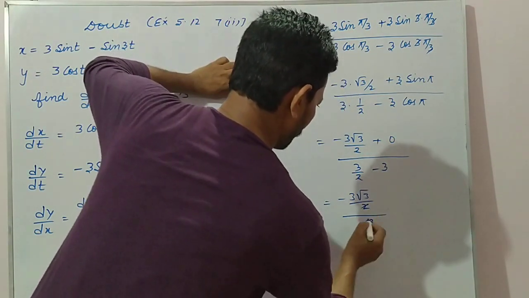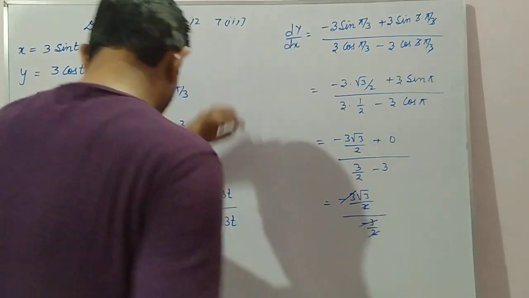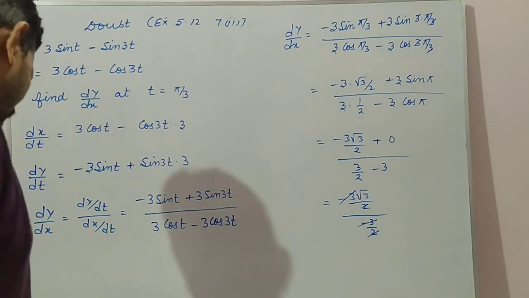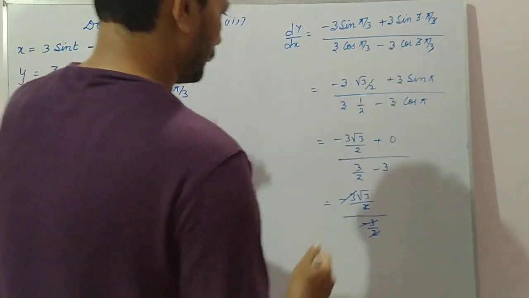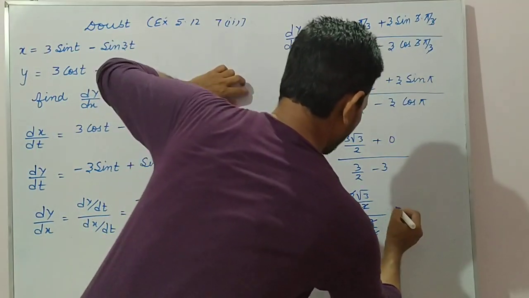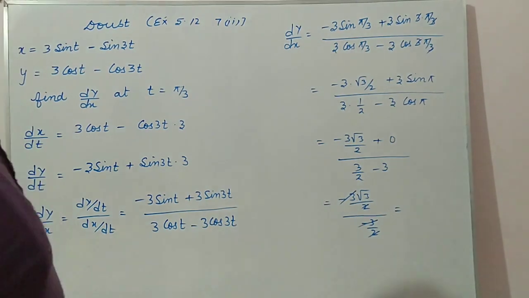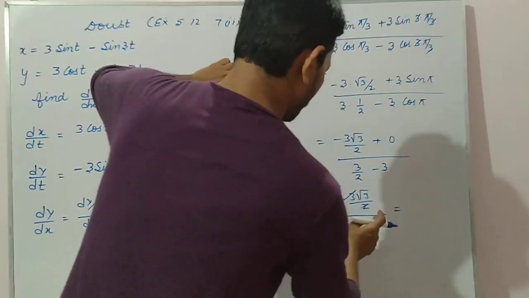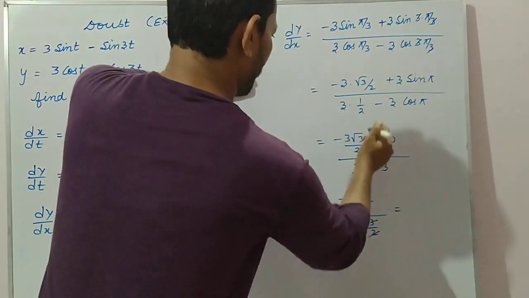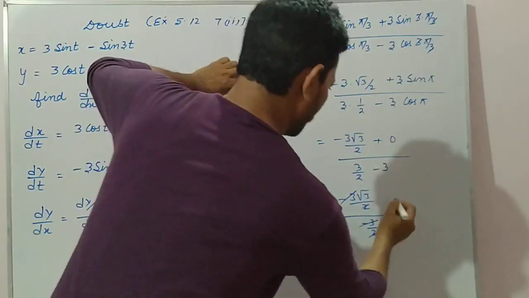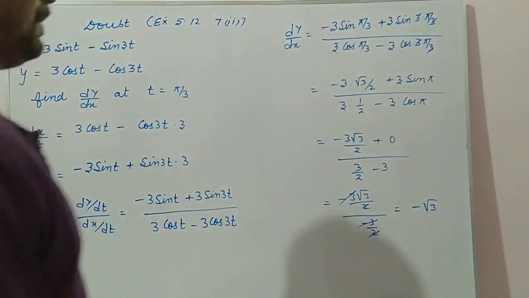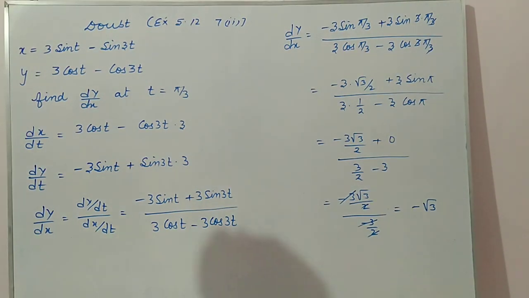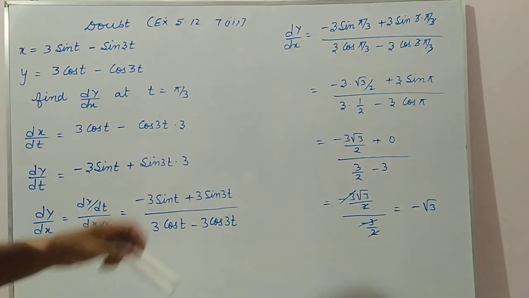The 2 will cancel out, minus 3 will cancel out, and you are left with minus root 3. On rationalization you will get minus root 3 by 3, okay. So this will be the required answer.